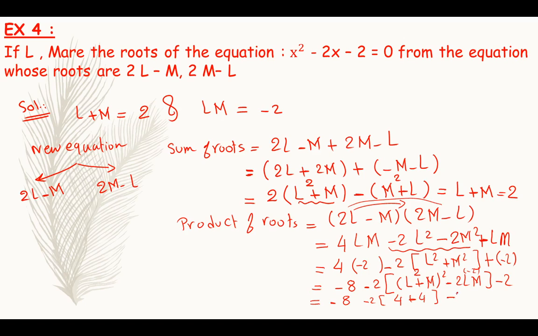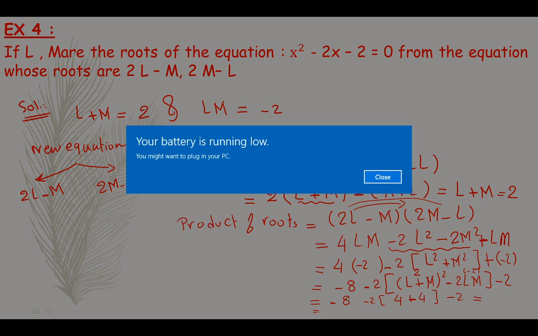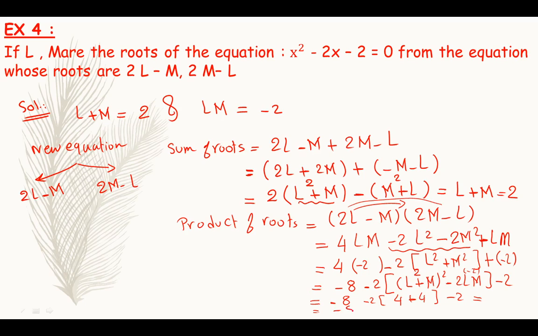And all of this minus 2. So by using your calculator, negative 8 minus 16 minus 2, it will be negative 26.